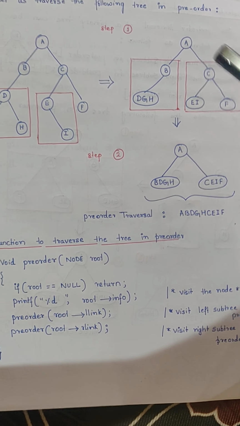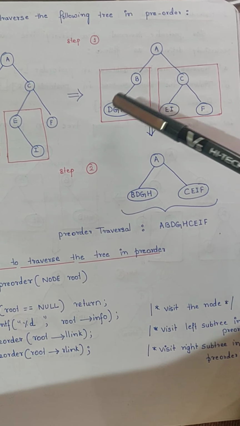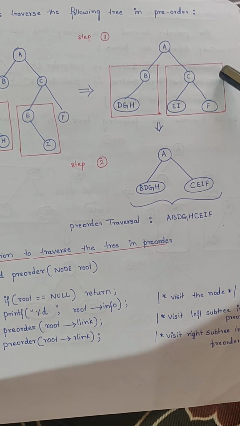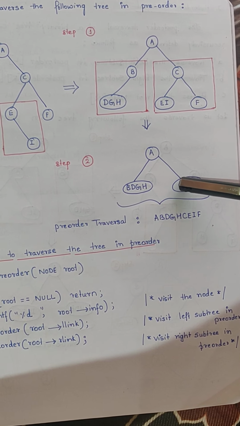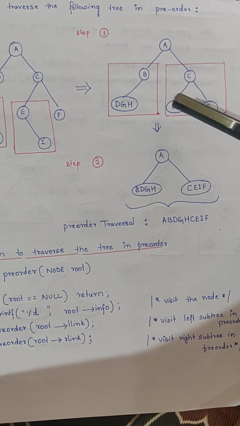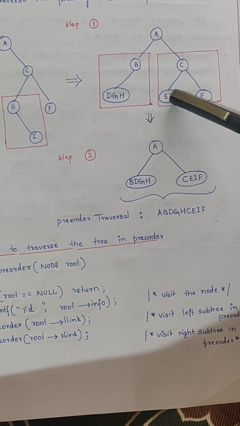So it is B, D, G, H. First you are visiting the root node, then you are going for the left subtree. That is what we have got here, B, D, G, H. So let's go for this one. C is the root node. You are visiting C first. E, I is the left subtree, so write it as it is, E, I, and after E, I you are visiting F. So it is C, E, I, F.